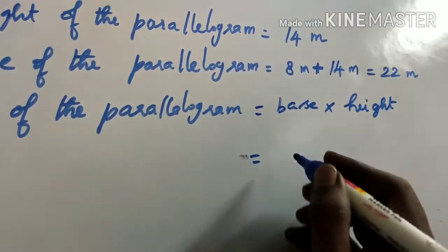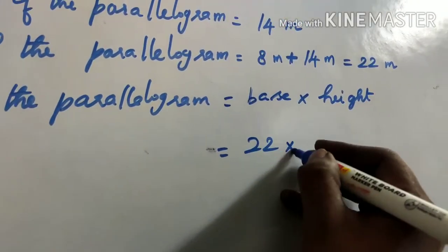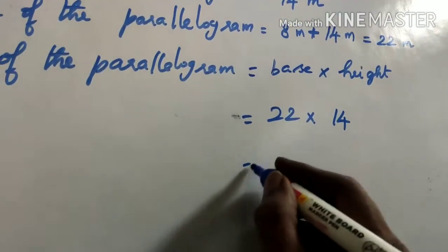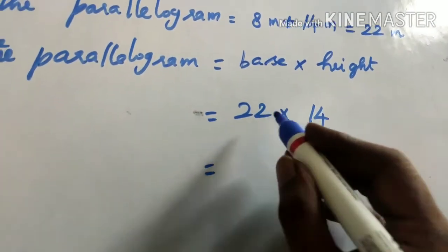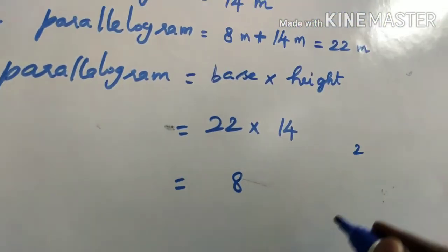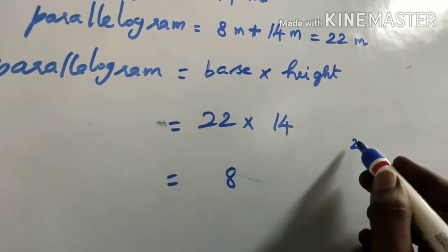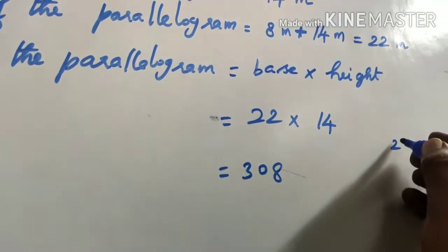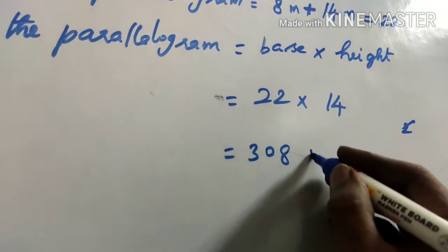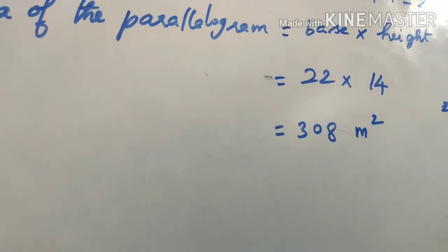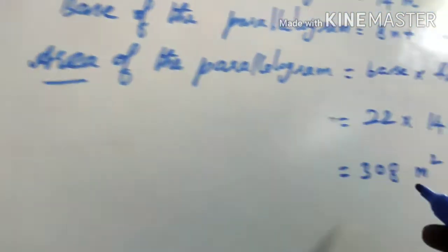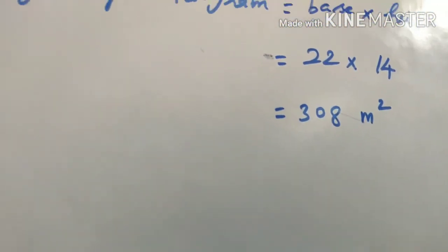Okay, that's the formula, right? What is base? 22 meter, height 14 meter. Now if you multiply, 14 2s are 28, 8 remaining 2, 14 2s are 28, 28 plus 2, 30. Okay, so 308 meter square, because we are finding area, so I am putting meter square. Okay, right, now see here.